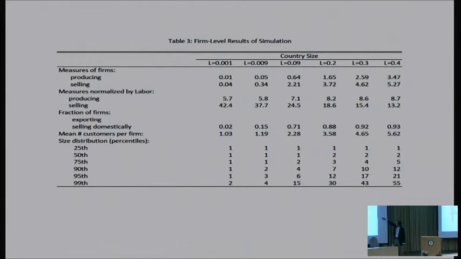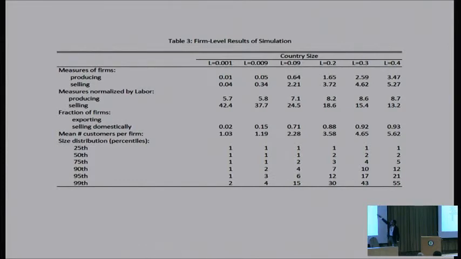So the number of firms is, of course, much bigger in the big markets. The number of firms selling in a market is also much bigger, but is a little less skewed than the number of firms producing. So if you looked at it relative to the labor force, the number of firms producing goes up relative to the labor force in the big markets.